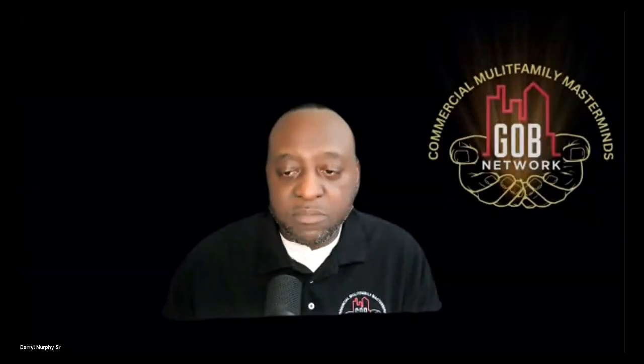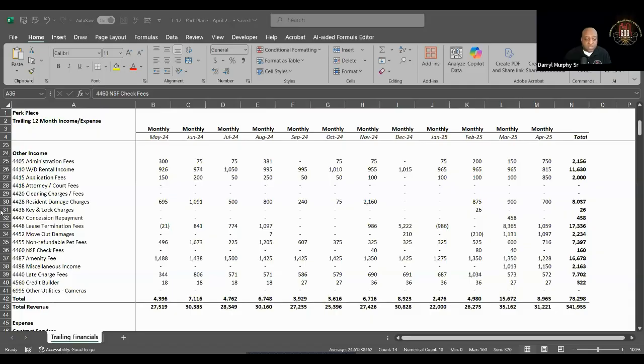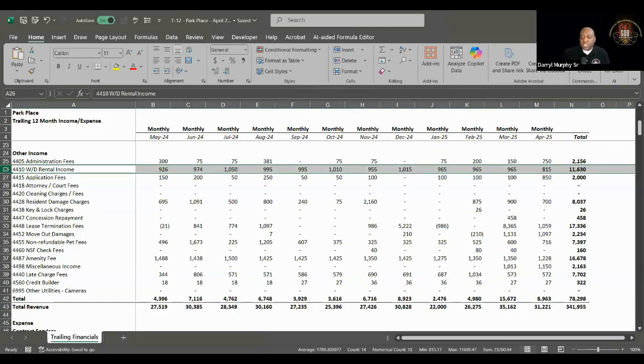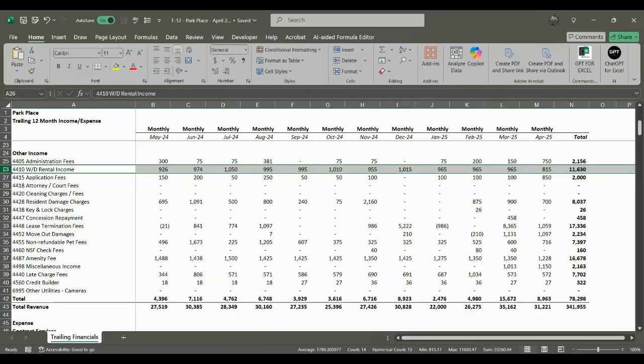Washer and dryer rental income. That seems pretty high for 21 units, especially since you probably have a lot of tenant change or turnover there. Let me see. Hold on a minute. Let me go back. You said laundry, washer and dryer rental, pretty high. For 21 units, isn't that high?